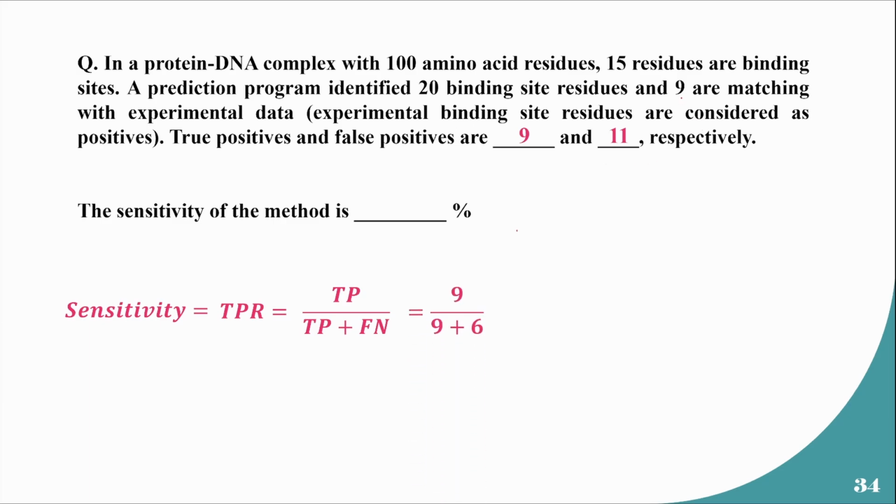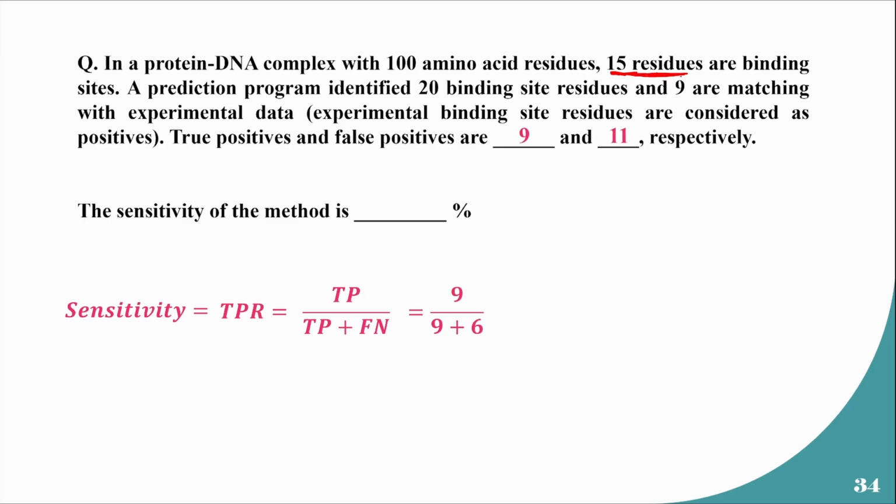If you see that the 9 residues that the model predicted were matching with the experimental data, that means there are 6 other residues present in the experimental data that were not being correctly predicted by the model, because initially we had been given that 15 residues were forming the binding site, which are provided by the experimental data.